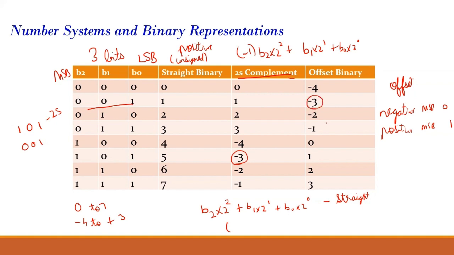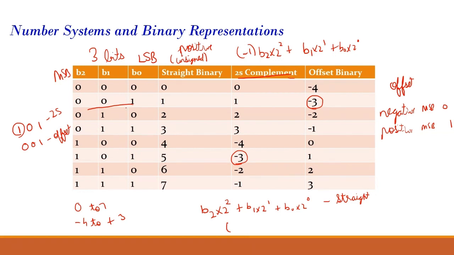Sir, please repeat it once. Yes. In 2's complement, I represent -3 by 101. Now I want to represent -3 in offset binary. So I flip, I invert this MSB, so it becomes 001. So this is my offset binary. Sir, what do you mean by flipping?